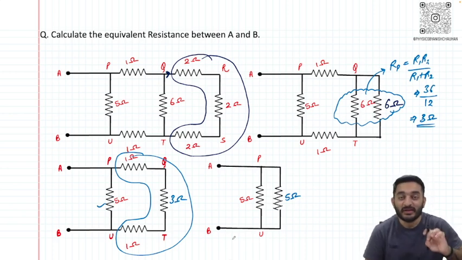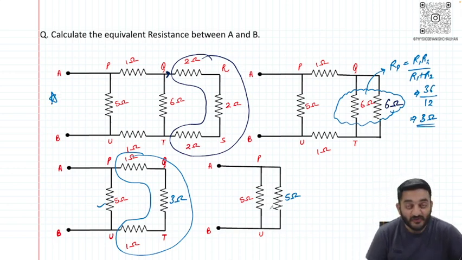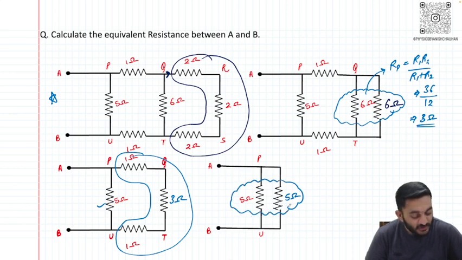I simply conclude, like in this circuit which was looking a bit complicated in the beginning, if I simplify my diagram, my final resistance appears to be two resistance connected in parallel, and these resistance value is 5 ohm each. So I will say my resistance equivalent is R1 into R2. So I will say 5 into 5, and this is 5 plus 5, 10. So which is 25 divided by 10, going to be 2.5 ohm is my R equivalent.